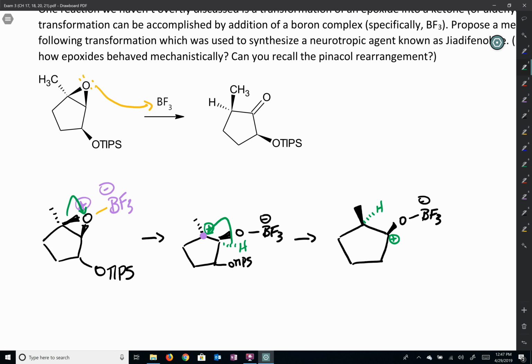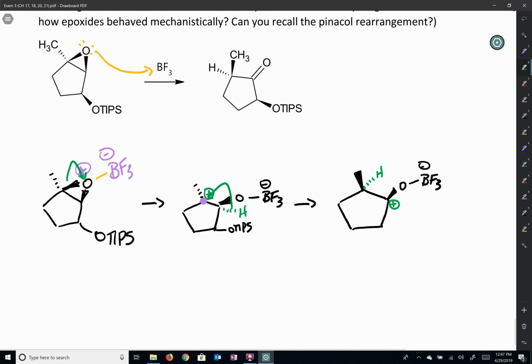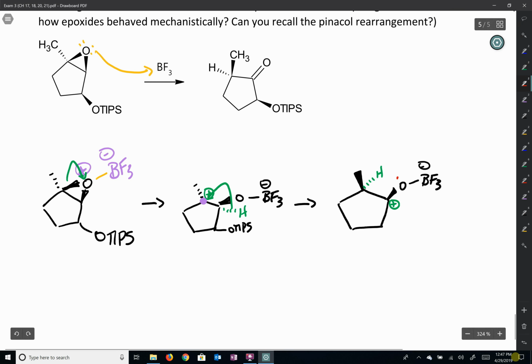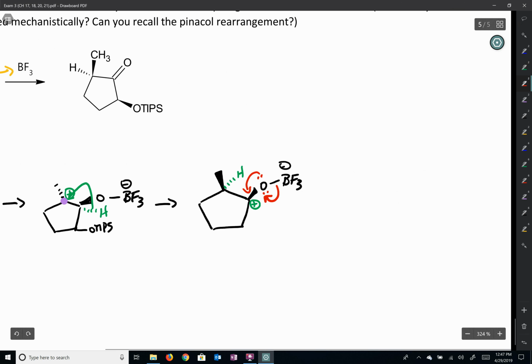Well, we can stabilize this with a resonance structure. And that's what pretty much happens. This falls down while this breaks off.